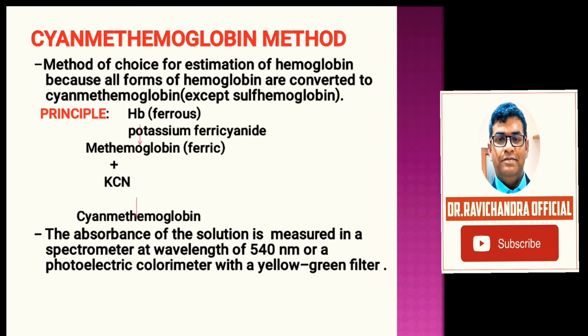The principle: potassium ferricyanide converts hemoglobin into methemoglobin and ferrous ion. This reacts with potassium cyanide, forming cyanmethemoglobin. The absorption of the solution is measured in a spectrophotometer at a wavelength of 540 nanometers, or with a photoelectric colorimeter with a yellow-green filter.